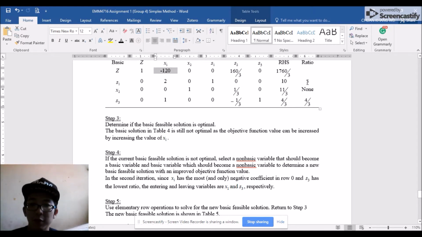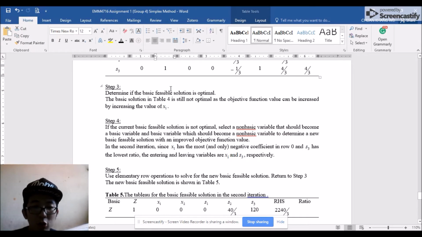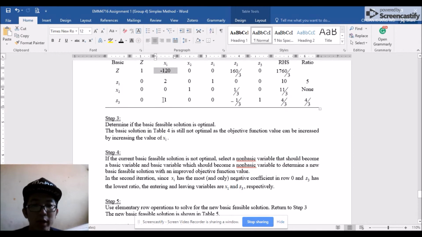From row 1 we have 5, from row 2 we have none because it has a 0 value, and from row 3 we get 4 over 3. So 4 over 3 is the smallest value, and row 3 is going to be our pivot row.